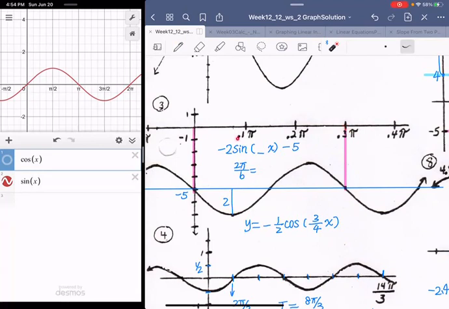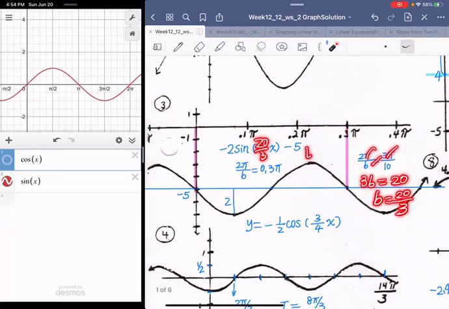No, this is 0.3, okay? So that means 2 pi over b equals 3 pi over 10, right? Pi canceled. 3b equals 20, correct? So b is 20 over 3. That's the final answer.